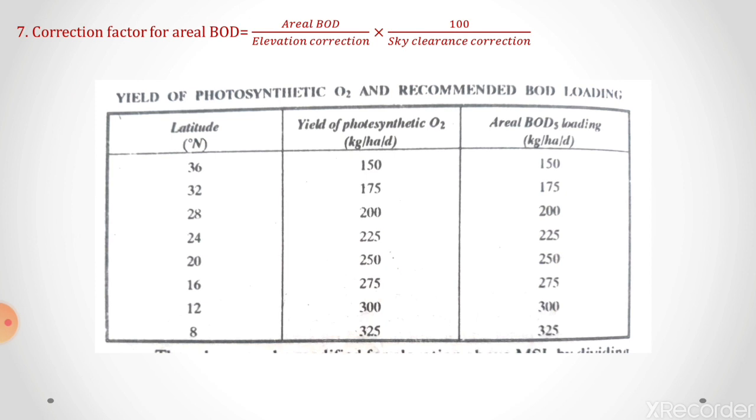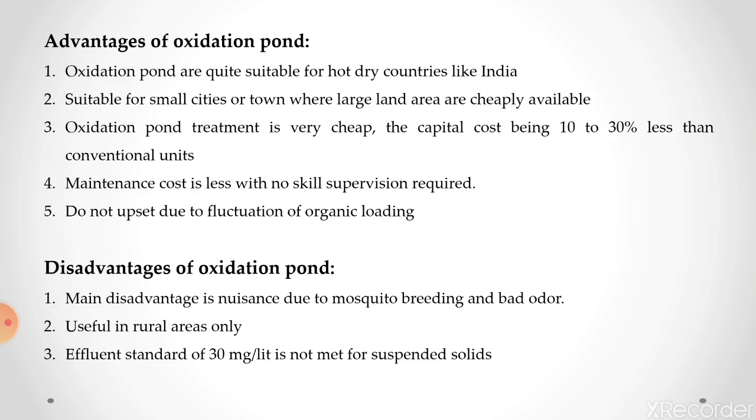Yield of photosynthesis O2 and recommended BOD loading will depend on latitude. If it is 36 degree north, then yield of photosynthesis will be taken as 150 and aerial BOD as 150, and so on. If the latitude is 8 degree north, then the yield of photosynthesis will be 325 and the aerial BOD will also be 325.